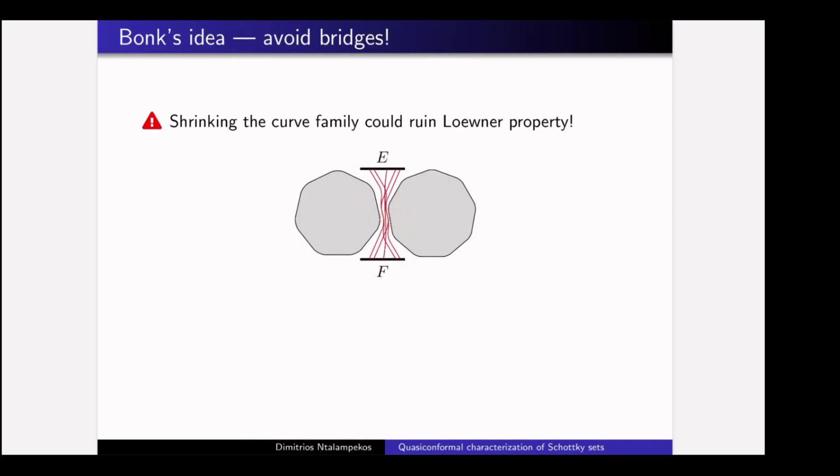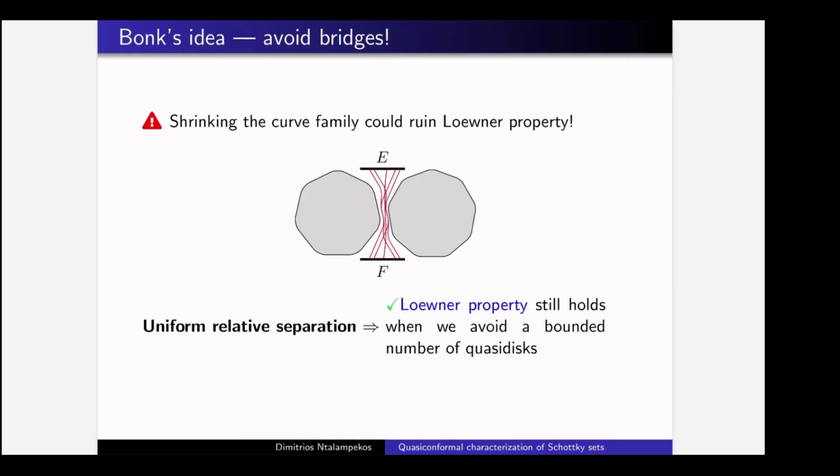And again, Mario has the clever idea here that we can use the uniform relative separation condition to guarantee that the Leibniz property still holds when we avoid a bounded number of quasidisks. So if we have the uniform relative separation, there is enough space between these 2 disks so that the Leibniz property is still true. Okay, and so far I just completed the presentation of Mario's proof.